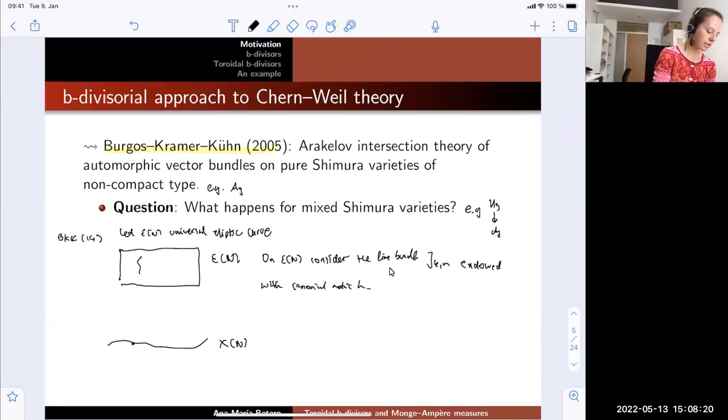Here you can consider the toroidal compactification, which is modular, and you obtain it by adding the so-called cusps of your modular curve, and over each cusp, you have such an n-gon. And then it turns out that your line bundle together with the metric extends to the compactification.